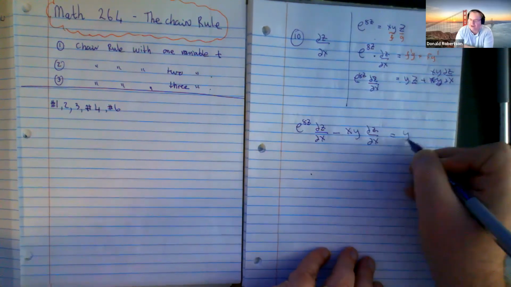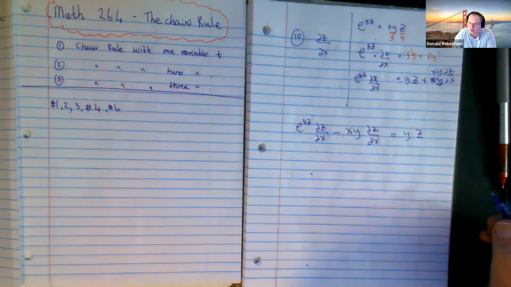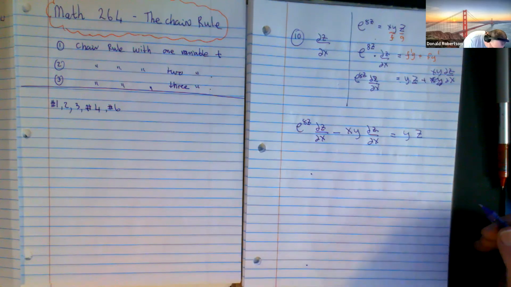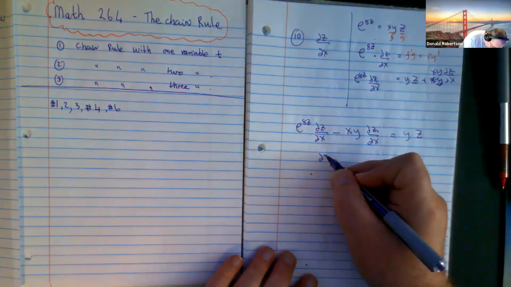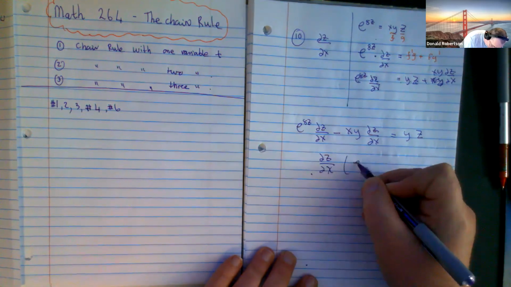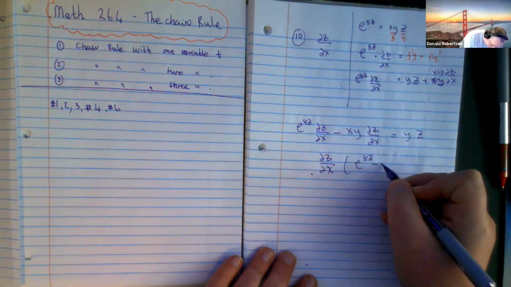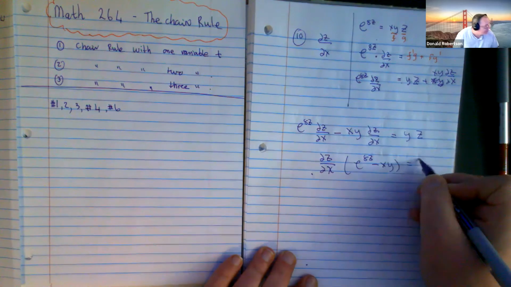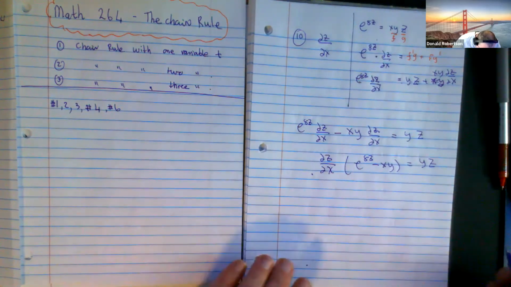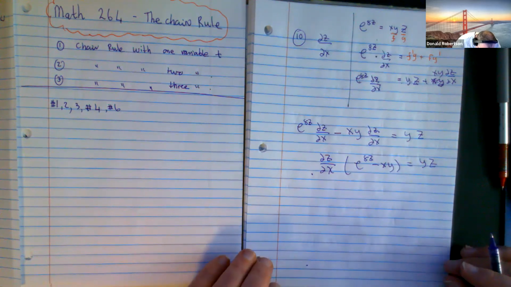This is almost identical to what you would do a way back in Calc 1 implicit differentiation. What I'm going to do now is pull out the dz by dx as a common factor. And nobody mentioned that I made a mistake, which I've now just caught.